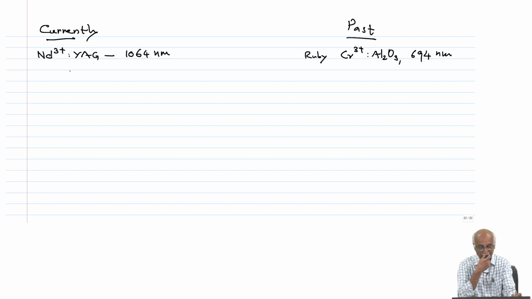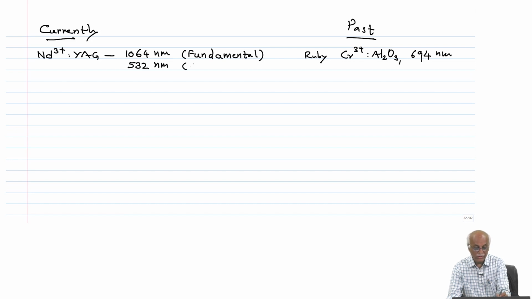And of course, second harmonic generation will give us a 532 nanometer output, which is in the visible range, and the third harmonic generation is 355 nanometer, which is right in the UV range.